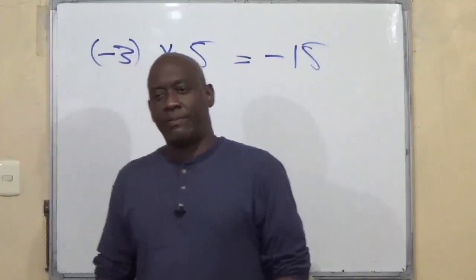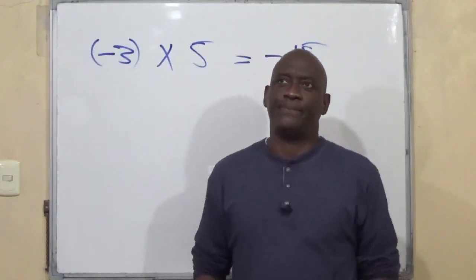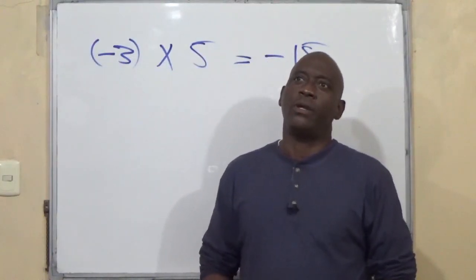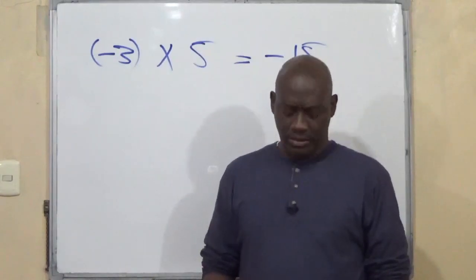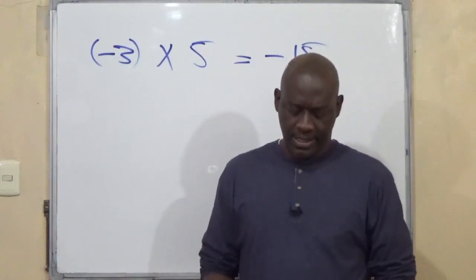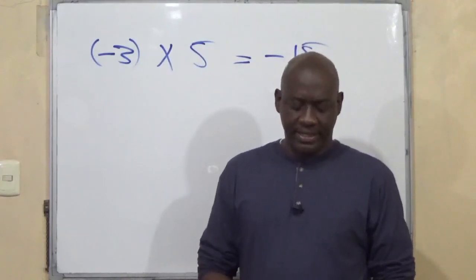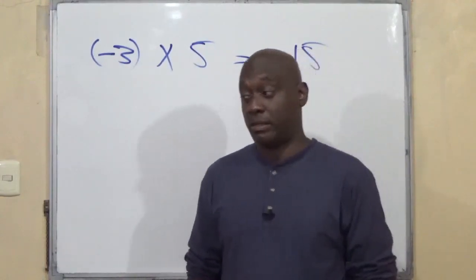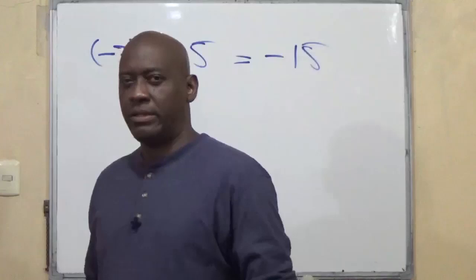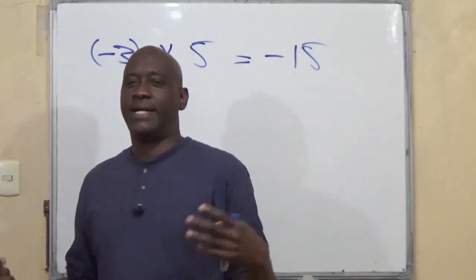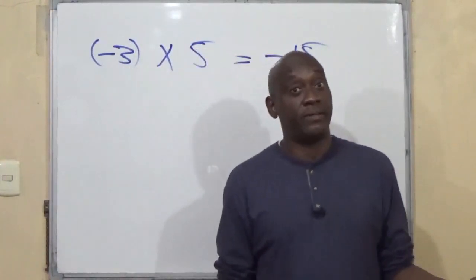We could flip the script and say, well, all right. I have 5 weeks to pay off a particular debt, and every week I'm paying off a debt of $3.